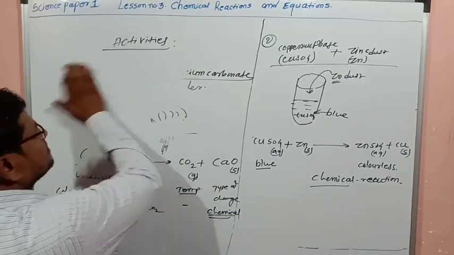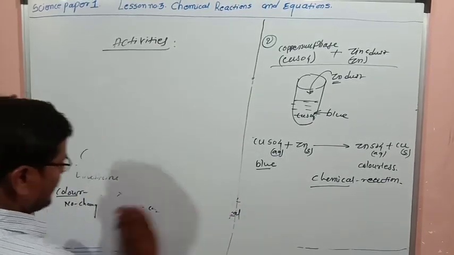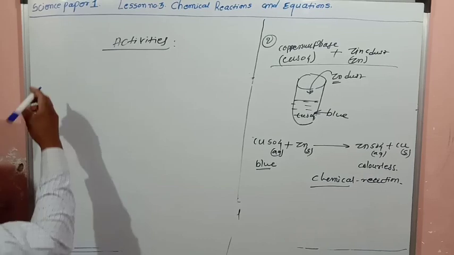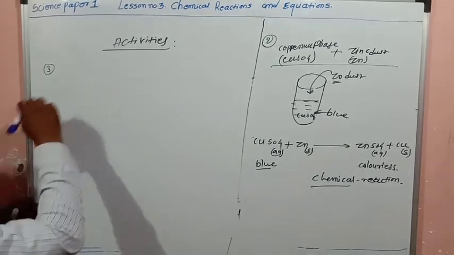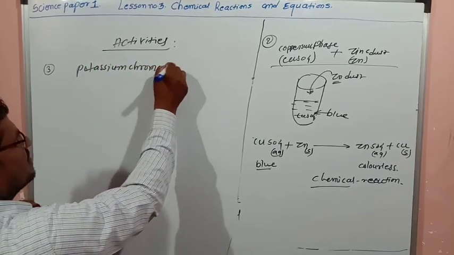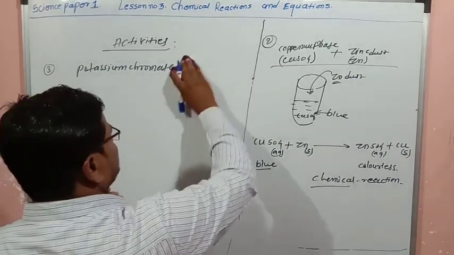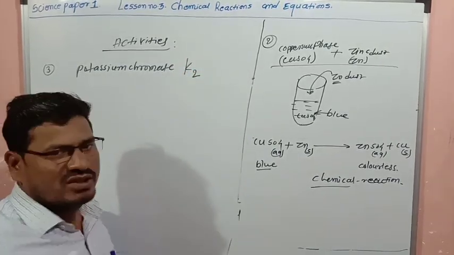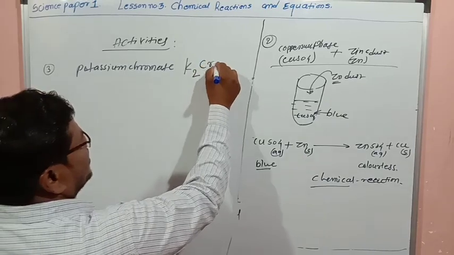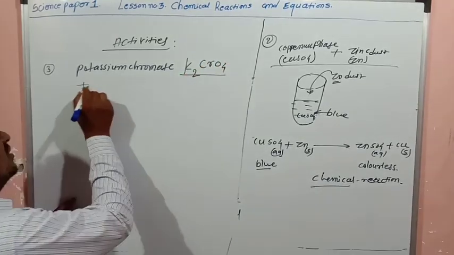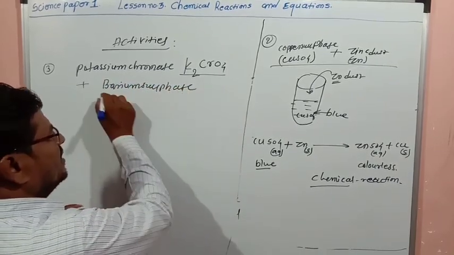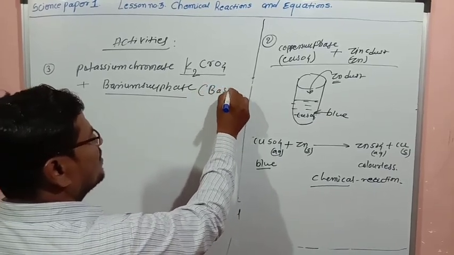So here the third activity is there, you have to take potassium chromate, K2CrO4, plus you have to add barium sulfate, BaSO4.